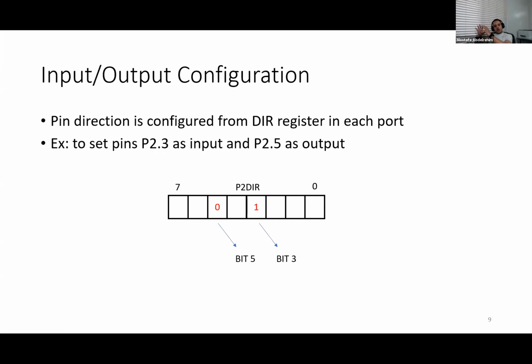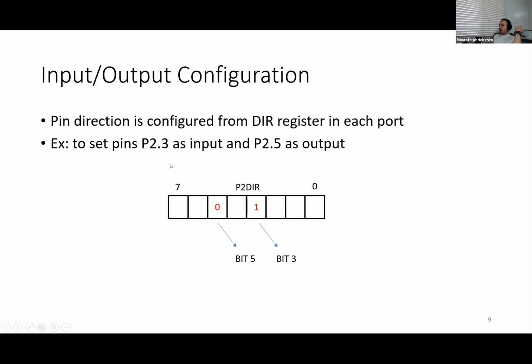When you choose the general purpose input output functionality for a pin, we need to define the direction of the pin, whether it's input or output. So again, for each port, we have another register, a third one now, called the direction register. For example, for port 2, we have P2DIR, or direction.